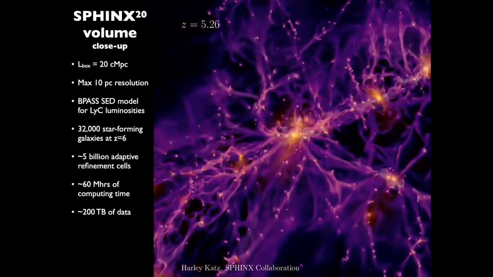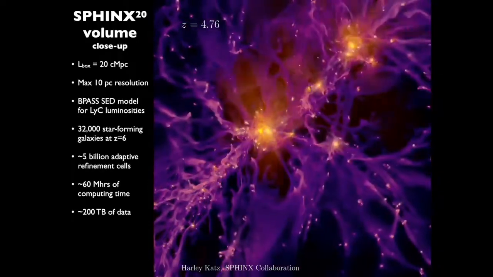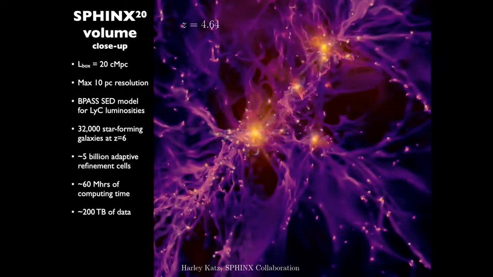You have high densities and intense star formation as a result. But after just a few million years, you start to have supernova explosions. The supernova explosions clear away the gas, and all of a sudden the Lyman continuum radiation being produced can escape from the ISM because of that supernova clearing.